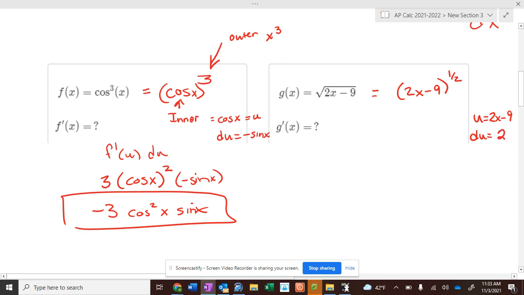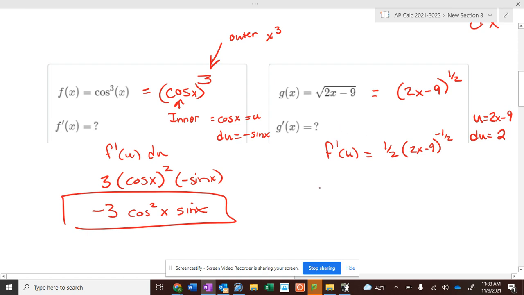All right. So f prime of u is going to equal 1/2 times 2x minus 9. You don't change that to the negative 1/2. Okay?